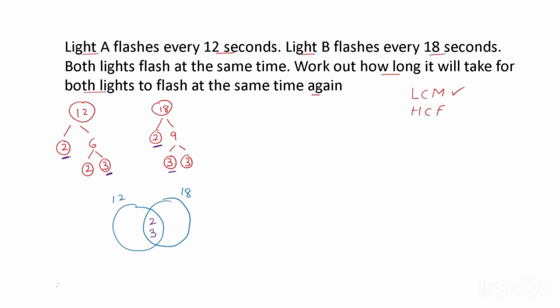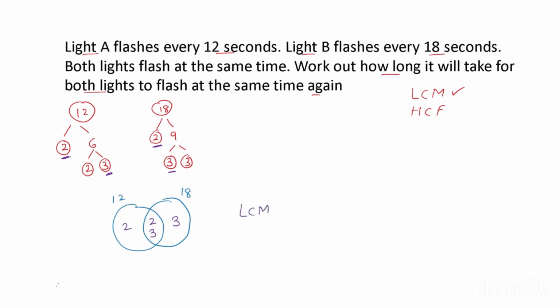And now next you can see you have uncommon 2 here and uncommon 3 here. So we are going to write the uncommon numbers now. In 12 you have 2 left, and in 18 you have uncommon 3, right? For LCM you know very well, we multiply everything in the Venn diagram.